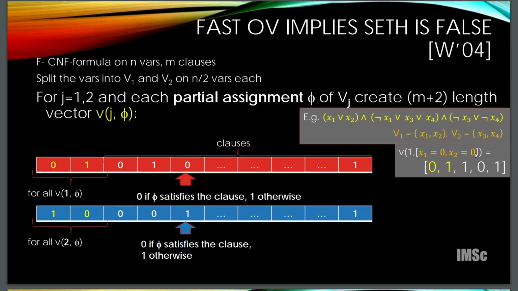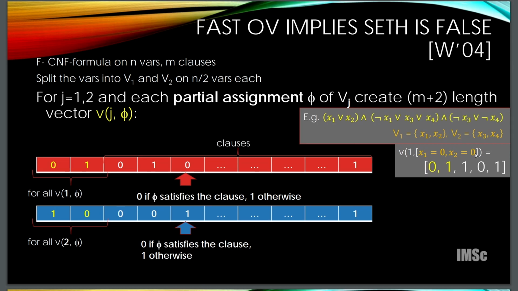So, there are 3 clauses here. Yeah. So, the dimension of the vector will be 3. I think they made it 5 or something. For some reason, they added a 0, 1 and 1, 0 here, but let us ignore that for a moment. So, there are 3 clauses here, 1, 2, 3.